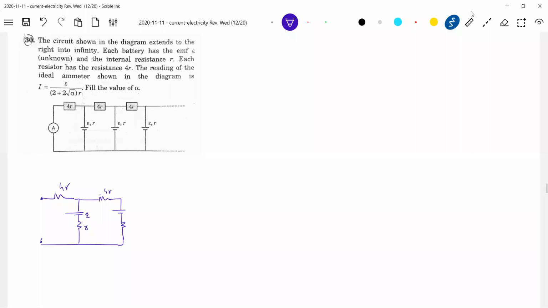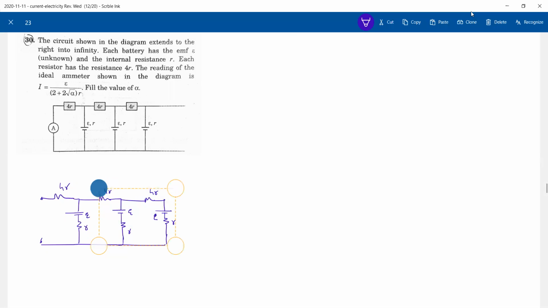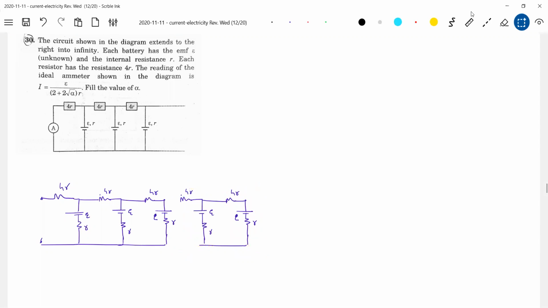Start like this. Like this, so many, you'll get it, no? Some ladder, you'll get it. I'll draw a few. Okay, the circuit will continue like this till infinity.